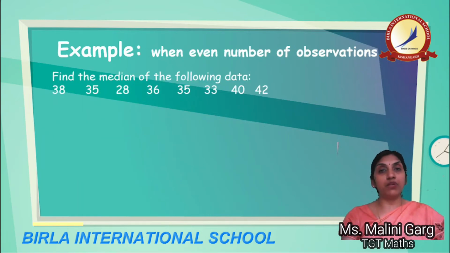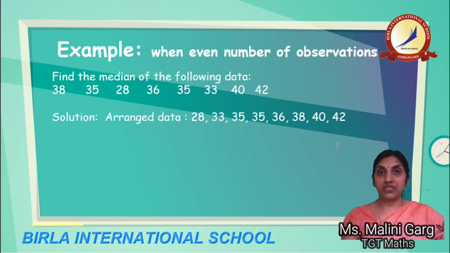Now, let us see what happens when there are an even number of observations. As we know, median is defined as the average of the two middle terms. So, as we have done in our previous example, first arrange the data. If you can see on your screen, the data is arranged in ascending order. And here n is 8, which is an even number.